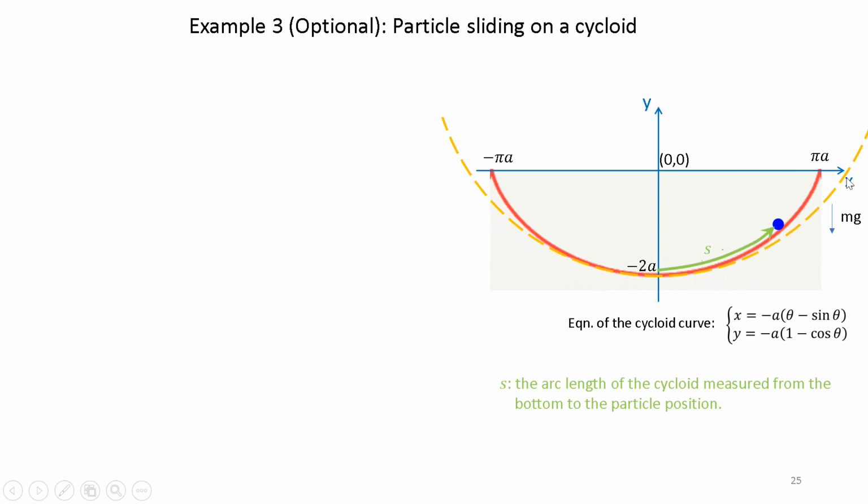For the cycloid, you can see that the curvature at different parts will be different. You can see the deviation between this red line and this dashed curve. For a circular arc, the curvature is the same everywhere, but for the cycloid, that's not the case.